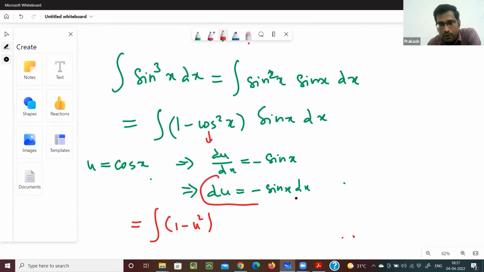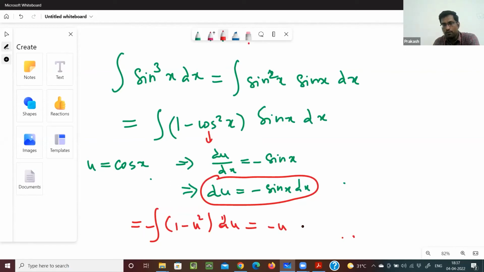Here already we know this one. So if you are using this, here minus will come, minus into d. So this evaluation is very easy. So now you see, minus u into minus u plus u cube by 3 plus constant c.